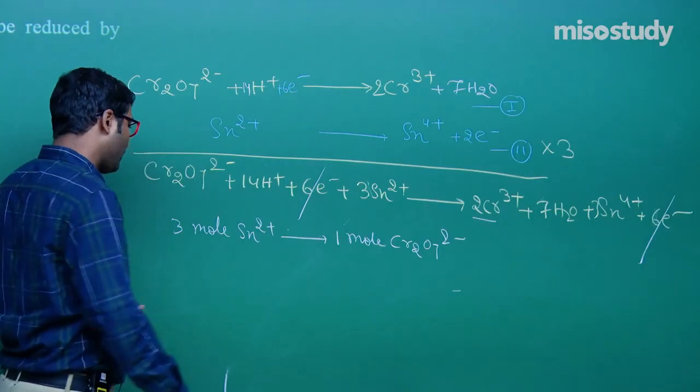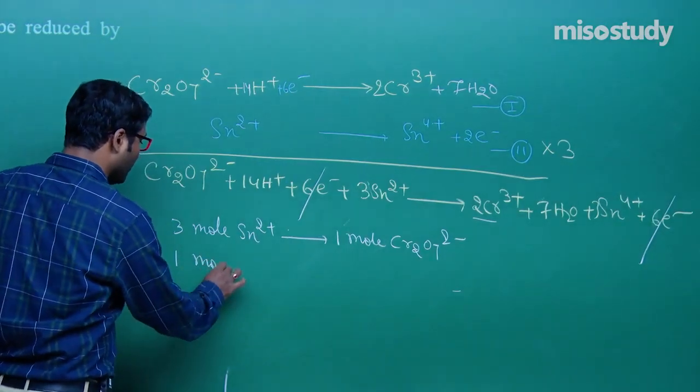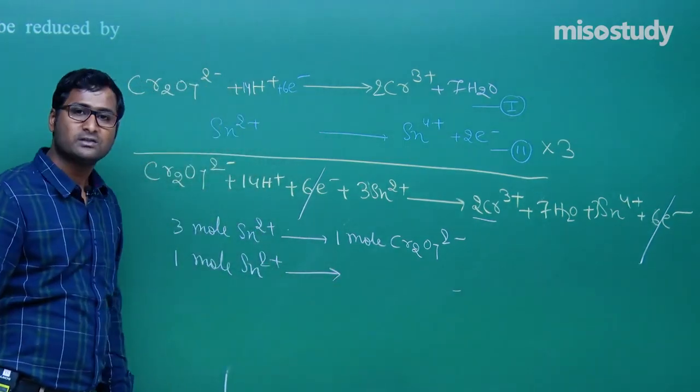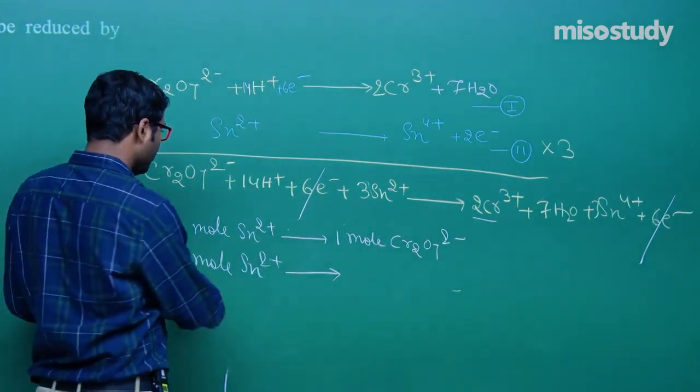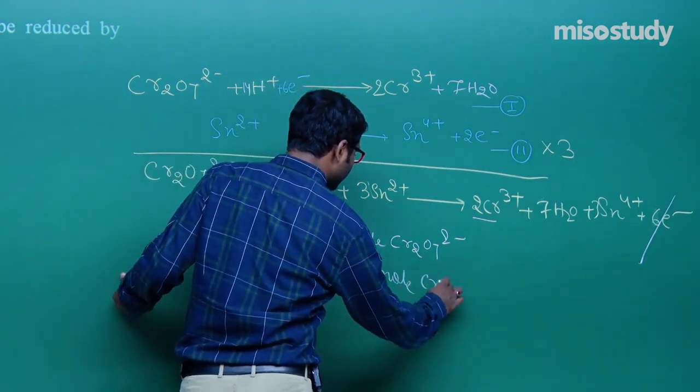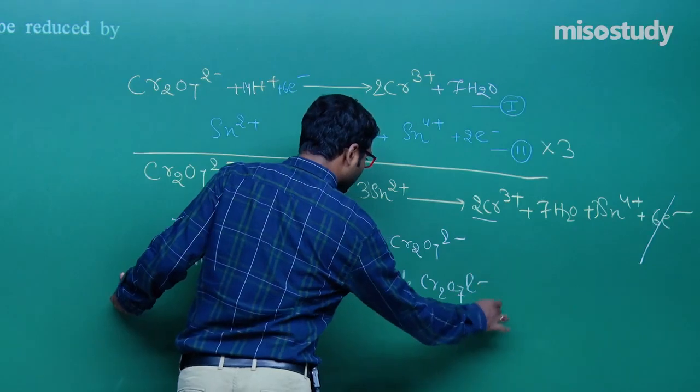According to the question, 1 mole of Sn2+ requires how many moles of Cr2O7 2-? That is the question. So 1/3 mole of Cr2O7 2-.